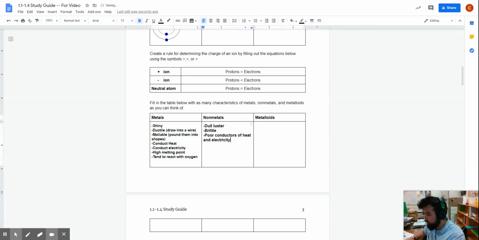That's why they're so good as insulators. If you look at things like your insulation in homes between walls or jacket insulation, it tends to be made out of nonmetals. Then we also have the fact that they have a low melting point. Most of them are gases at room temperature, in fact, because of that.